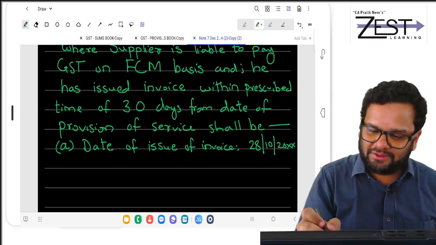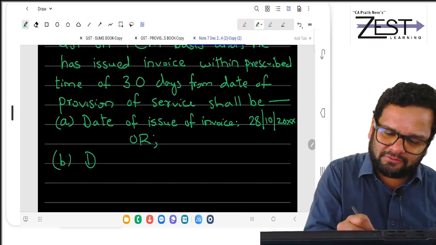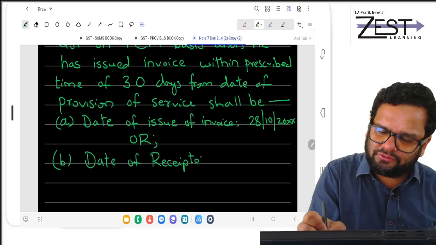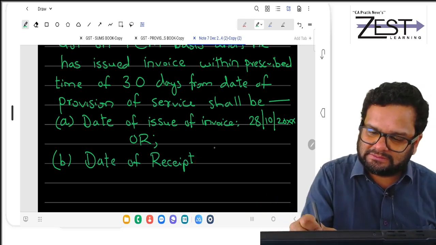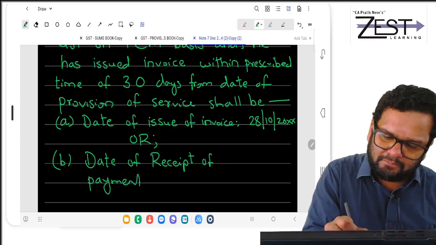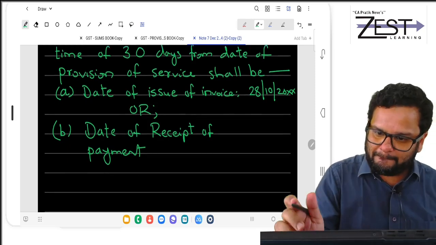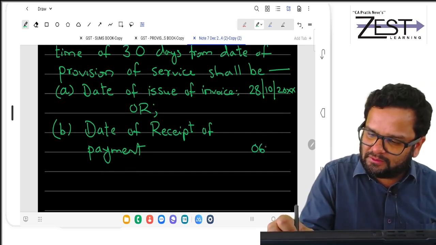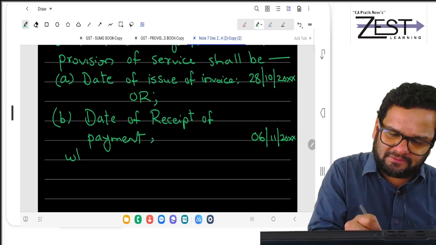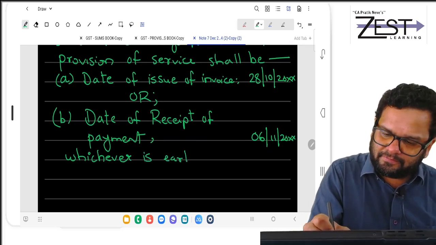Or B, date of receipt of payment. What is our date of receipt of payment? 6/11, whichever is earlier.